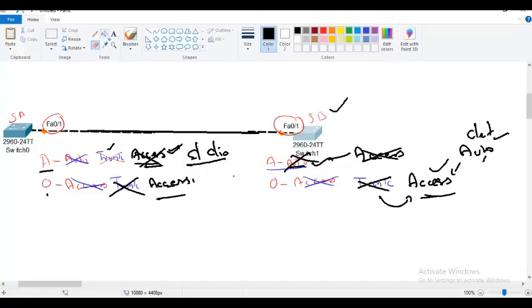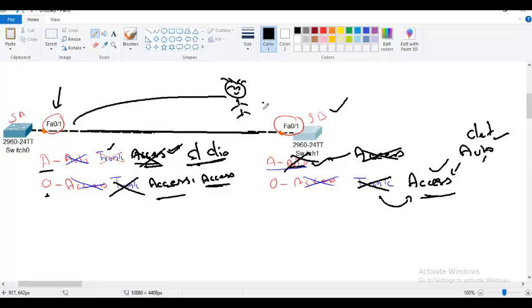That's the negotiation coming. Now, because this side is auto, this guy will say, oh, why not? And now that makes this a trunk. That is called dynamic desirable. Dynamically, it becomes trunk by expressing the desire. When the other switch agrees to that desire, only then does this dynamically turn into a trunk.